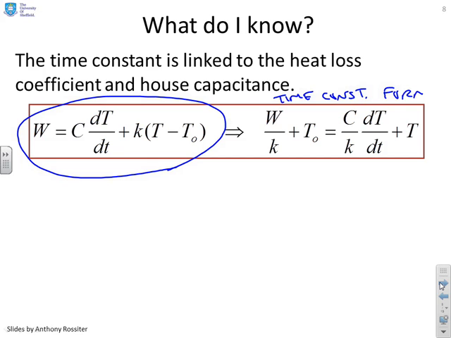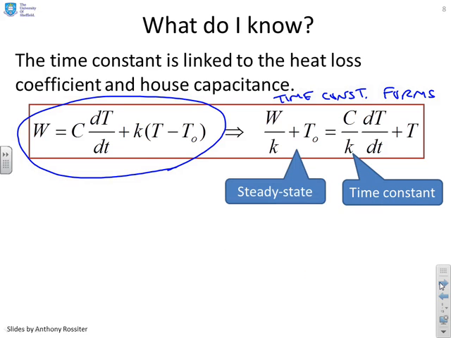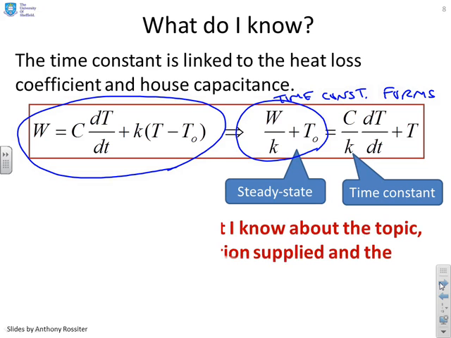I'm still looking at what do I know, and what I know is if I put my first order model in standard time constant form, then I know how it behaves. So there's my time constant. It's this capital C over K. And there's my steady state. It's this term here, W over K plus T0. So I haven't used any of the information from the question yet, but I've understood a lot about the topic.